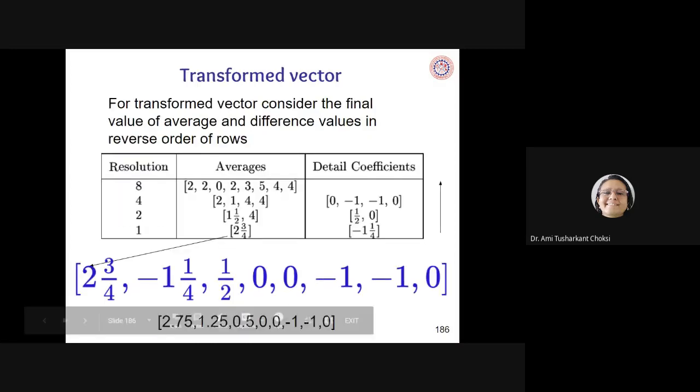Now what? The transform factor. How are we doing that? For the transform factor, consider the final value of the average and the difference values in the reverse order of the rows. The last one we got was 2 and 3 by 4.